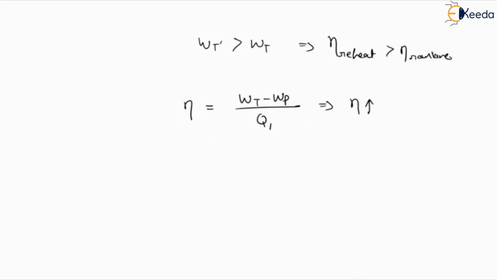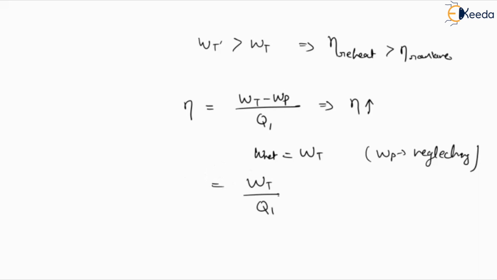If we are neglecting the pump work, then net work done will be turbine work only. In that case, it will be WT by Q1. So in that case also, it will increase the efficiency.